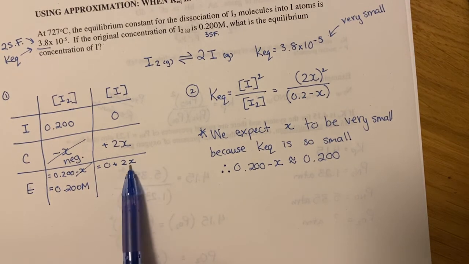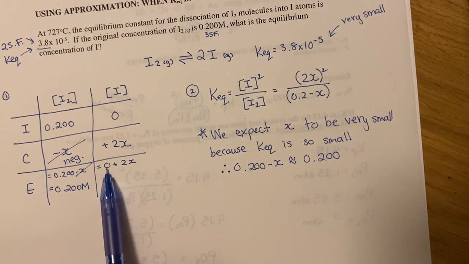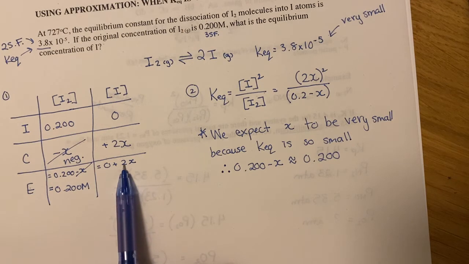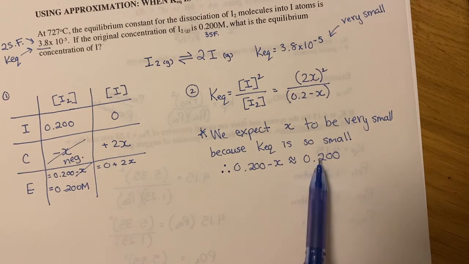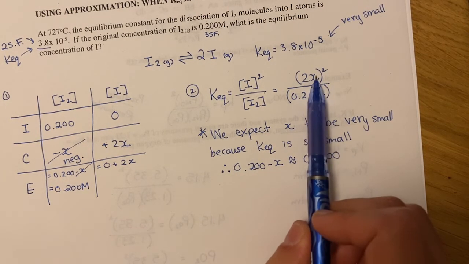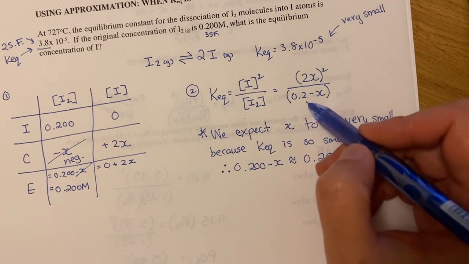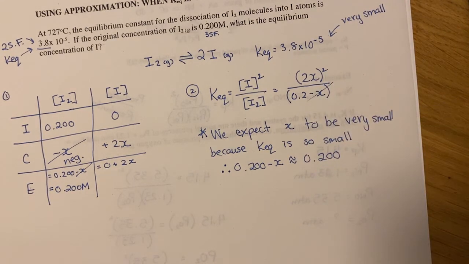But this 2x compared to the initial 0 is something that's going to be significant, because anything compared to 0 is significant. So we can still solve for what this top x is going to be. We just don't actually end up needing that x anymore.